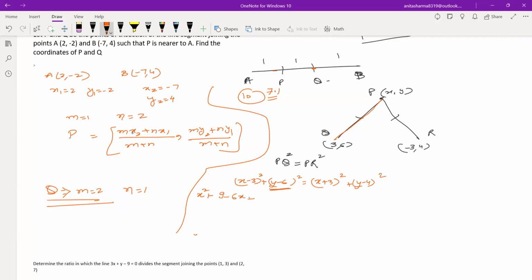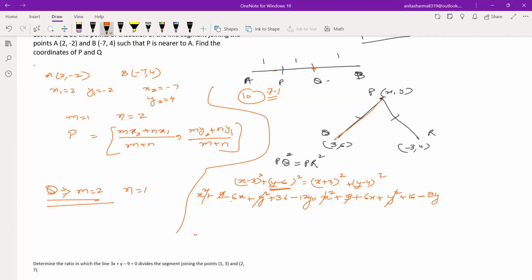Now here also apply: y square plus 36 minus 12y is equal to a square plus b square minus 2ab. Now y square cancels, x square cancels, 9 cancels.